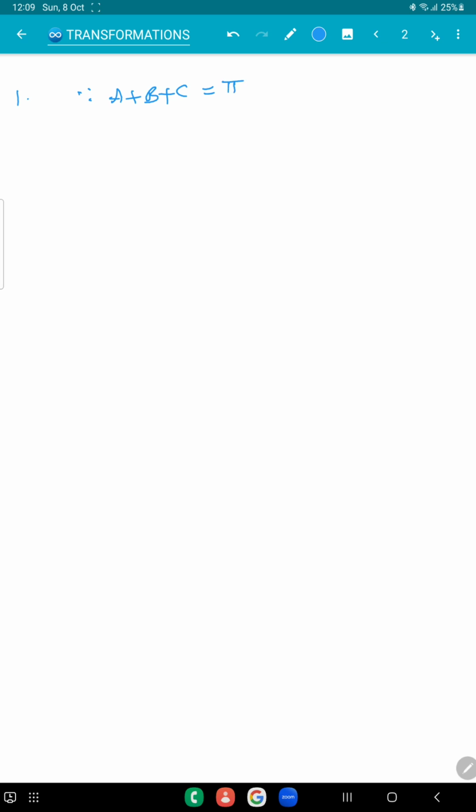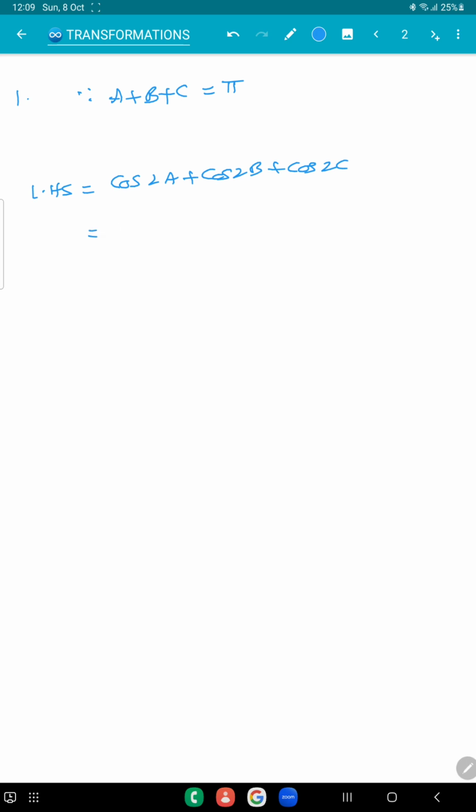Whenever some changes are needed, then I will change that. Let us consider the LHS. LHS is equal to cos 2A plus cos 2B plus cos 2C.